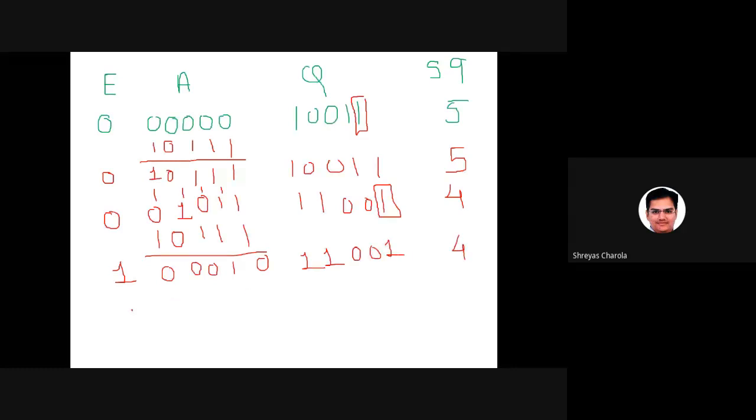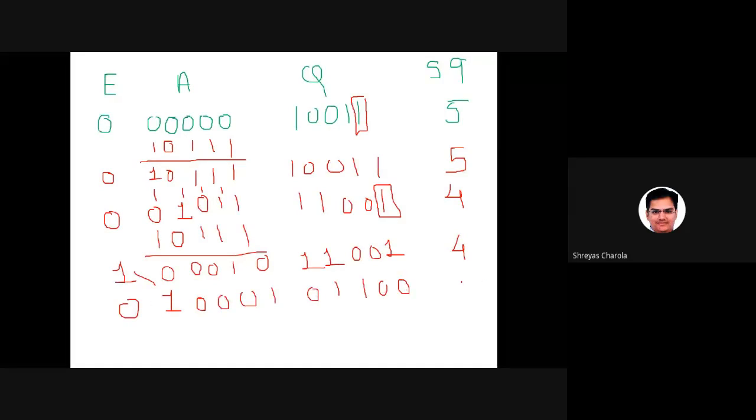I'll shift 1 bit, so here this will be 0 now, and this 1 will be shifted here. Okay, the sequence counter after shifting should be reduced by 1. Is the thing clear, all of you?